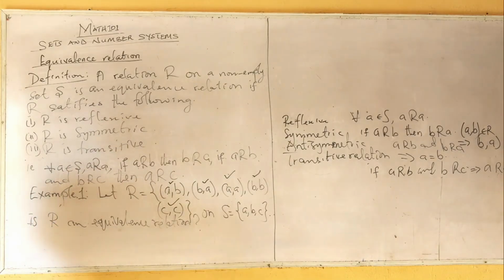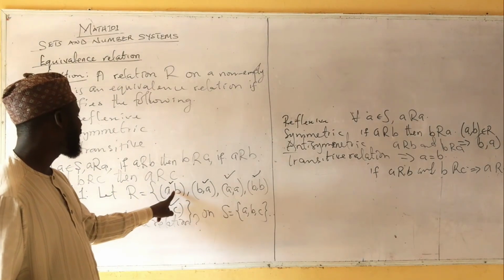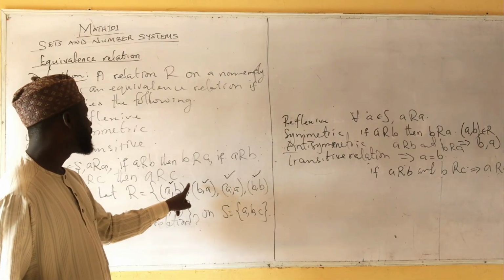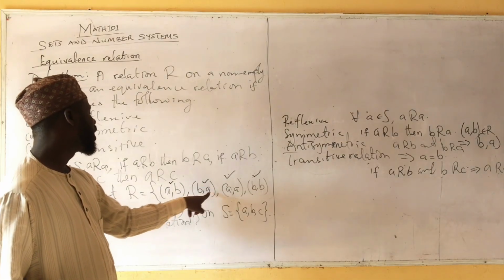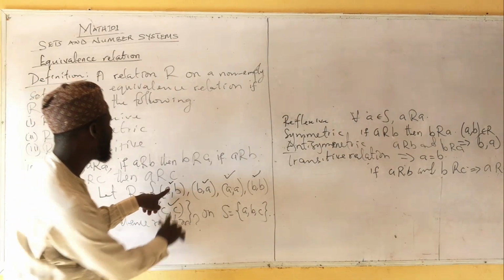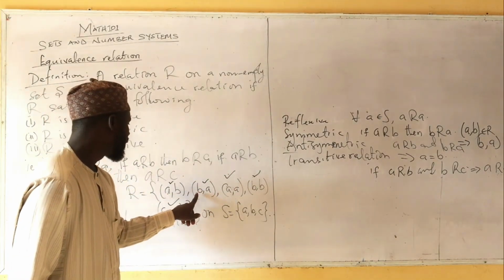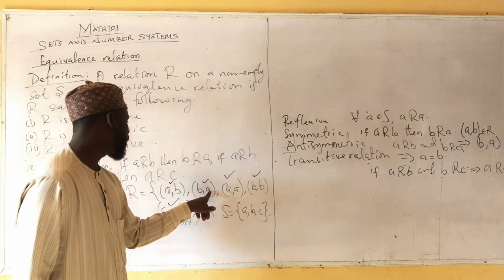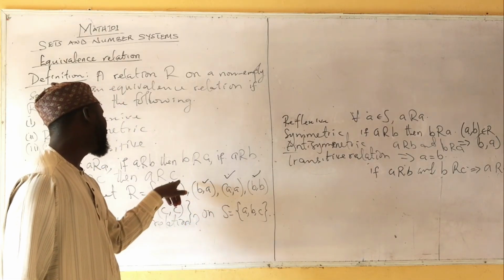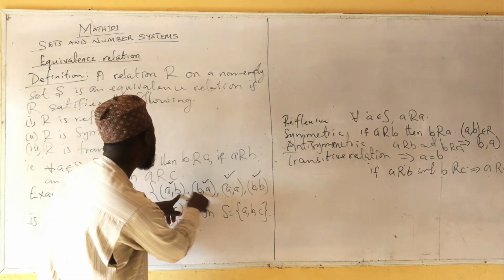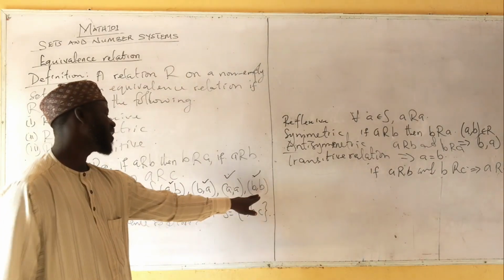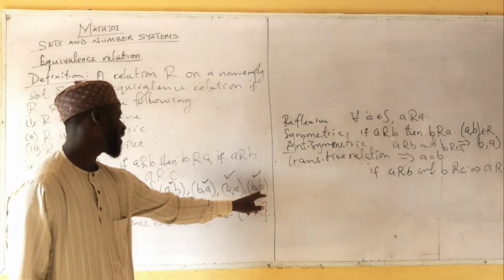Is R transitive? Whenever A is related to B and B is related to A, do we have A related to A? Yes, we have it. So B is related to A and A is related to B. So do we have B related to B? Yes, we have it. So these ones are direct.